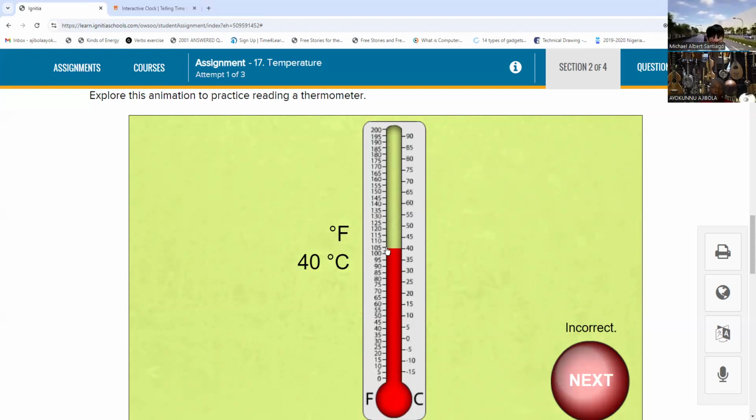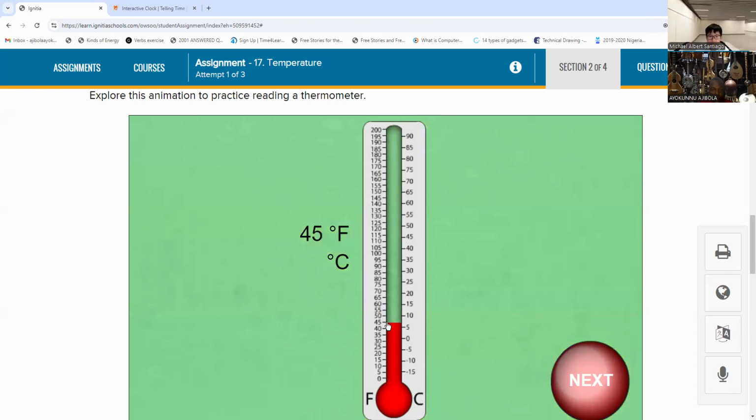So 40 degrees C is what? Let's see where to put the 45 degrees Fahrenheit. So this is 45.